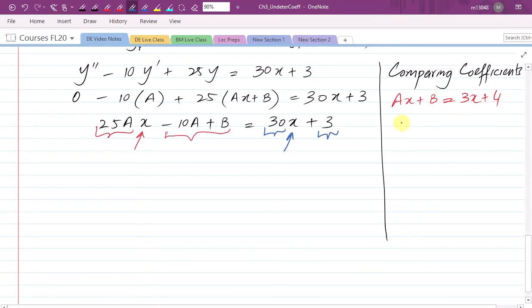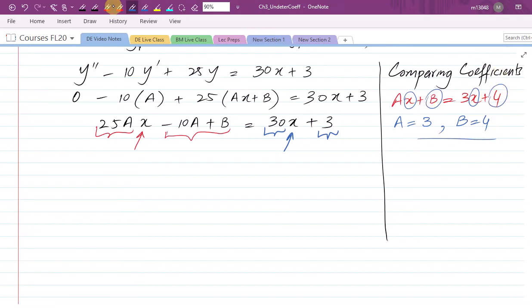Very clearly, we compare coefficients of x, that means a equals 3, and we compare constants, that means b equals 4. There is no other possibility for a and b here in this equation. The only possibility is that we compare x, and then we compare constants.